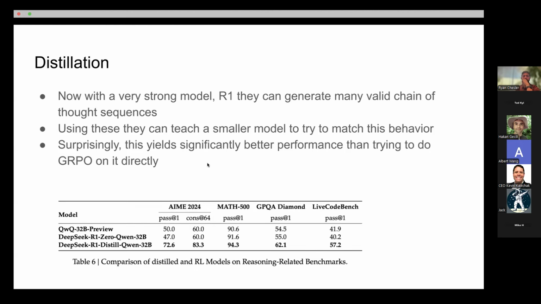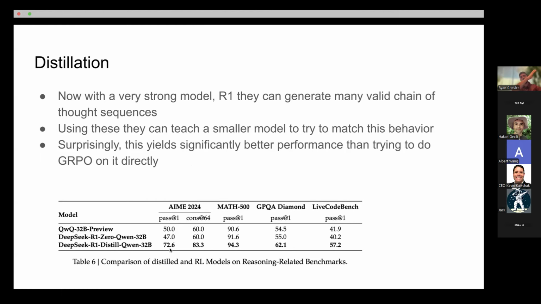So one of the comparisons that they showed: there's this QwQ model from Qwen, which is its own reasoning model. They said basically, look, we can get basically the same result on their architecture using our process. We can match it. But if we actually took our much stronger R1 model and did the distillation process with the Qwen 32B, we blow it out of the water.